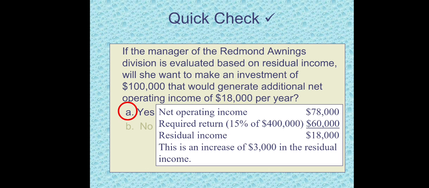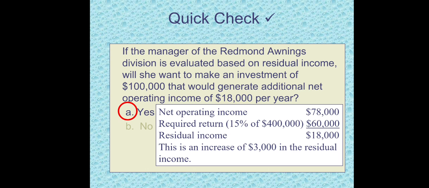And then the required rate of return 15% times $400,000. Why $400,000? $300,000 is the average operating asset of the division, plus if the division takes the new investment, it has to invest another $100,000. So $400,000. 15% times $400,000 is equal to $60,000.